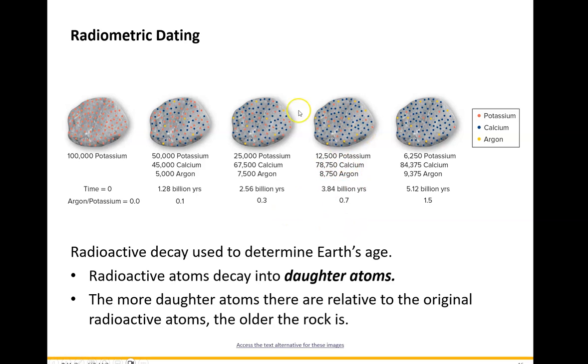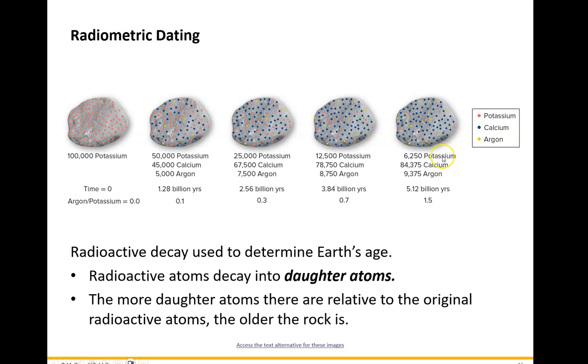So here's how the story goes. Let's say you started out with 100 potassium-40 atoms. The potassium-40 turns into argon.